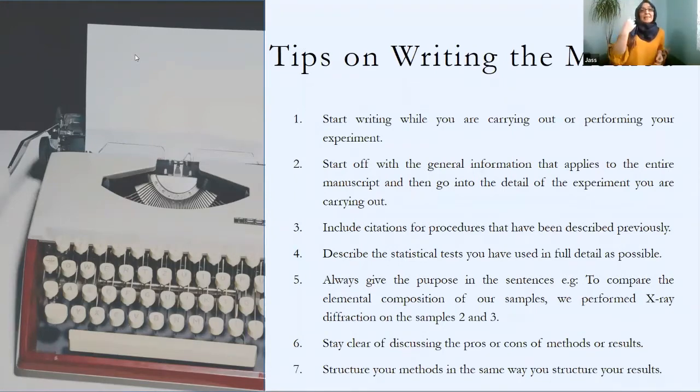And then, if we're using any statistical tests or any form of tests in our research, you have to give detail. You have to describe to the reader what this test is. For example, in one of my last researches that I carried out, I used a log likelihood test.